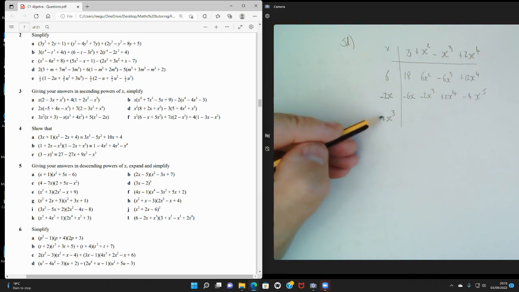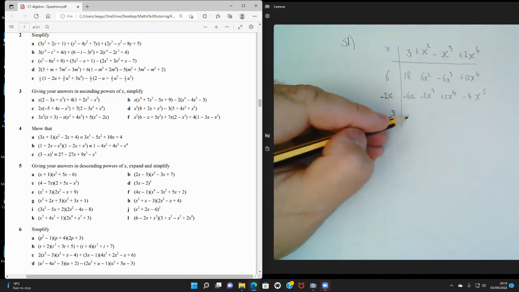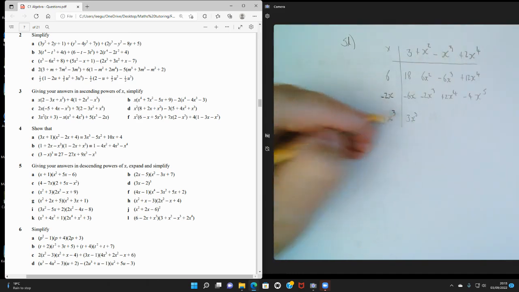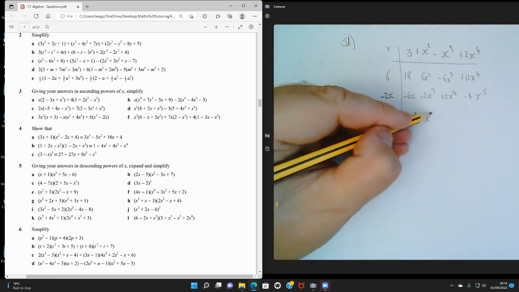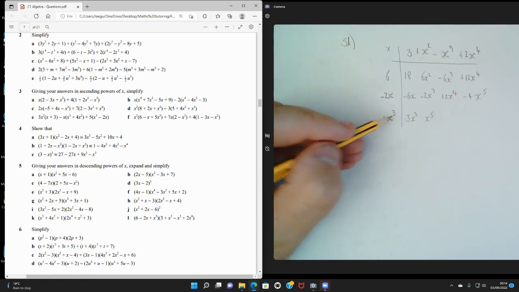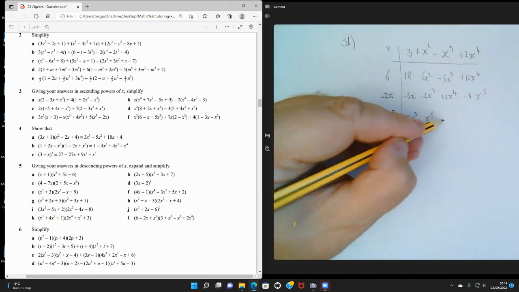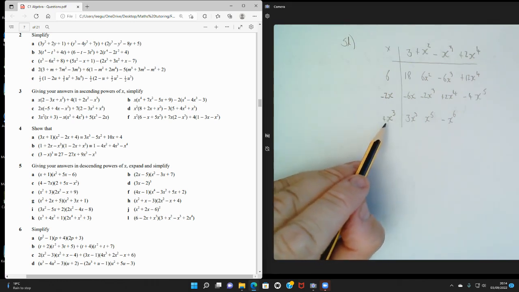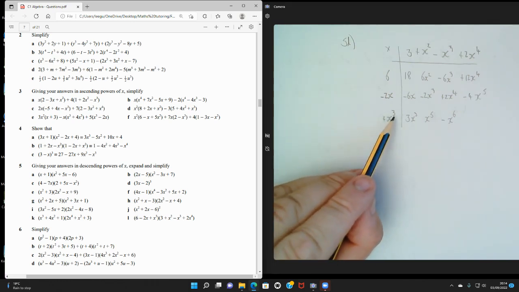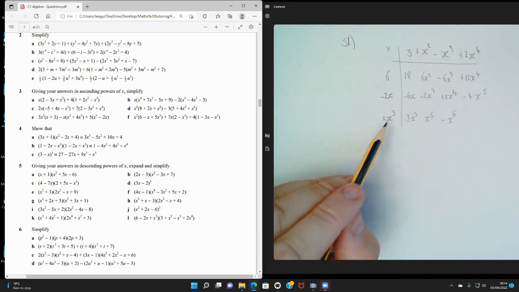Final row is 3 times x cubed is 3x cubed. x cubed times x squared is x to the power 5. x cubed times minus x cubed is minus x to the power 6. Be careful with that one. I think it'd be tempting to think they cancel out, but actually it's minus 1 times x cubed times x cubed.